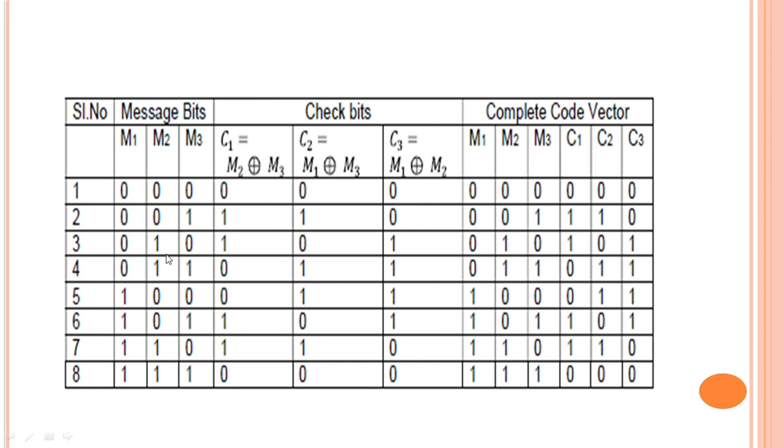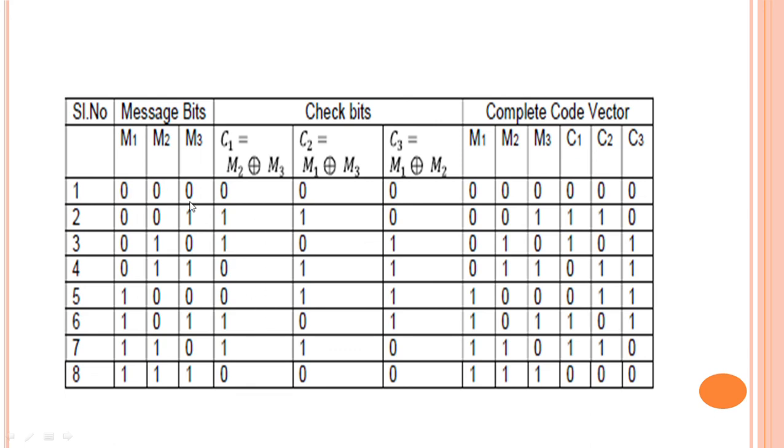Let's take the example 010. For 010, C1 is given by M2 modulo 2 added with M3. So M2 with M3, 1 and 0, will give 1. Then C2 is M1 modulo 2 added with M3, that is M1 is 0, M3 is 0, so 0 and 0 will give 0. And M1 with M2, 0 and 1, will give 1. Likewise, we are going to generate the check bits for the 8 message vectors.